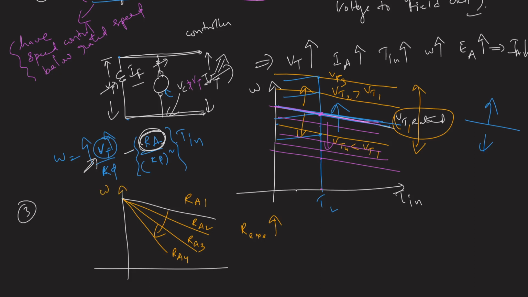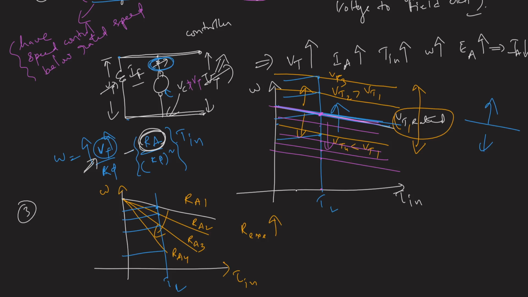Okay, so yes, still I can have, for any given load torque, initially it is operating at this point, this speed. Now I can operate at different speeds, right? Different speeds.